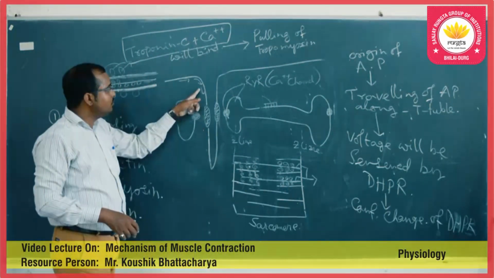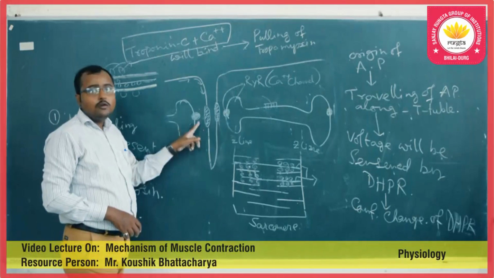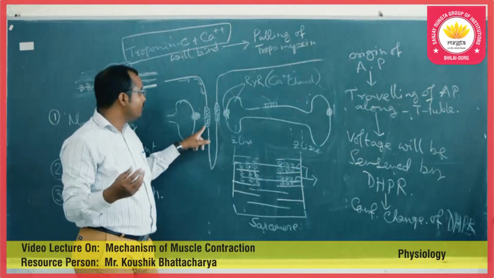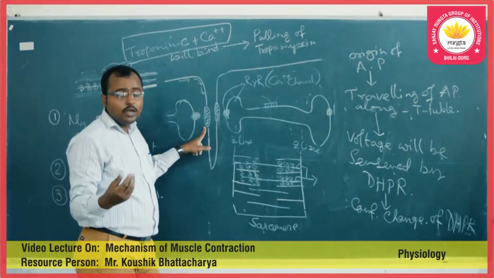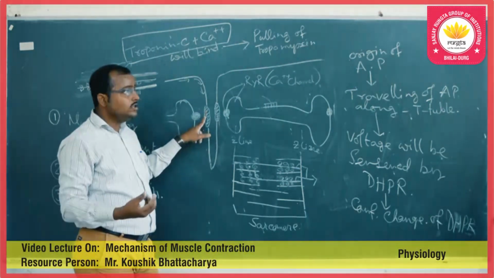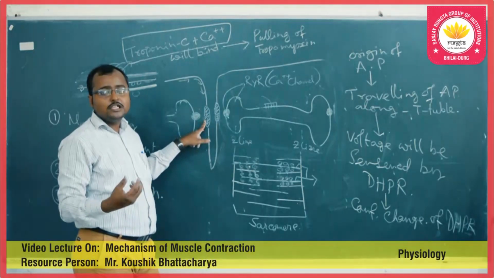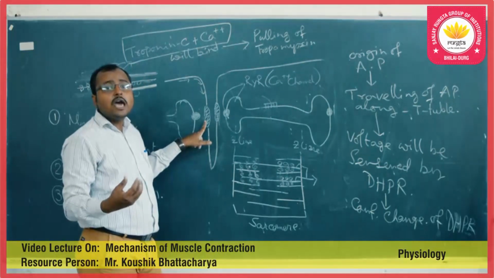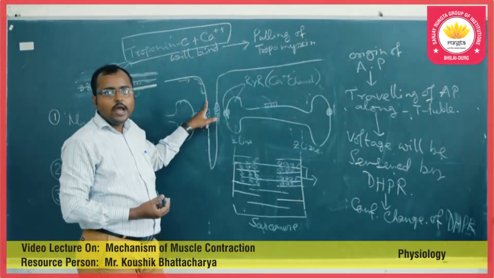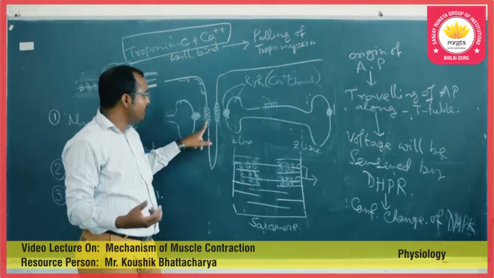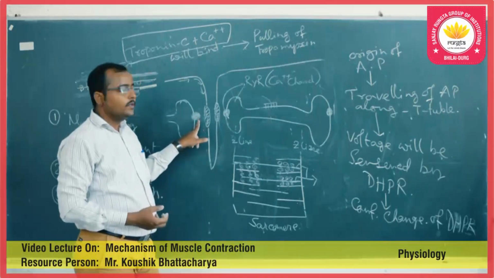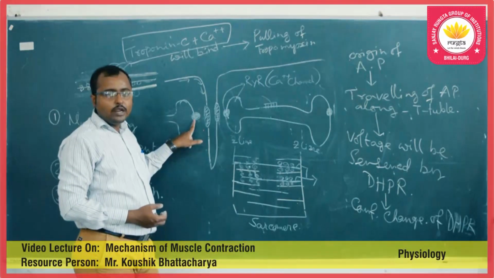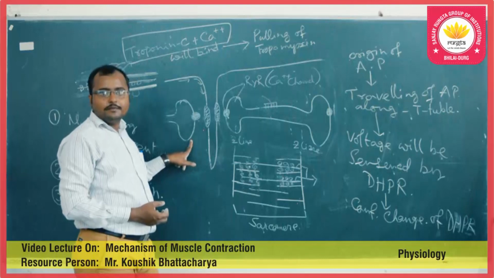When the action potential travels along the T-tubule, a specific surface protein on the T-tubule, the DHPR or dihydropyridine receptor, senses the arrival of the action potential, and a conformational change takes place, which leads to the opening of the ryanodine receptor protein, which is present on the terminal system.